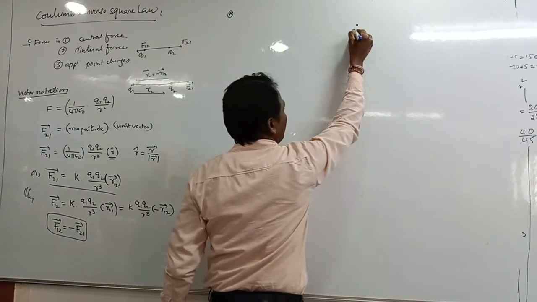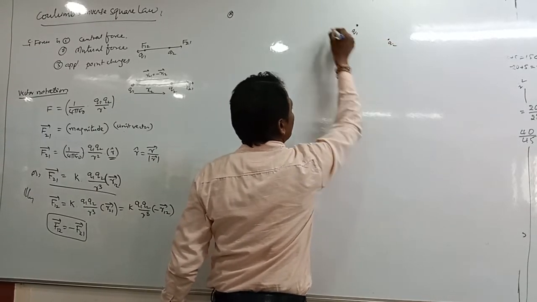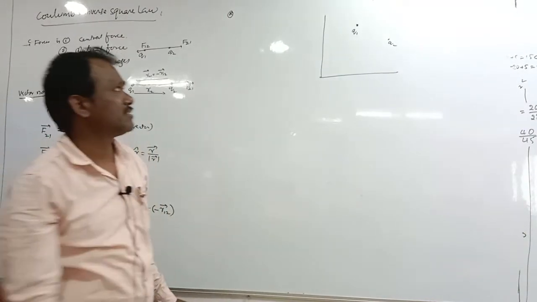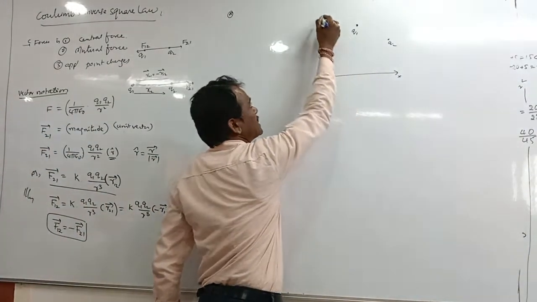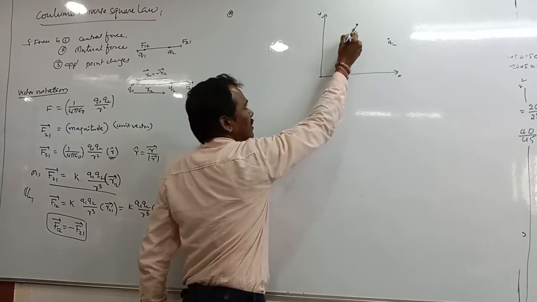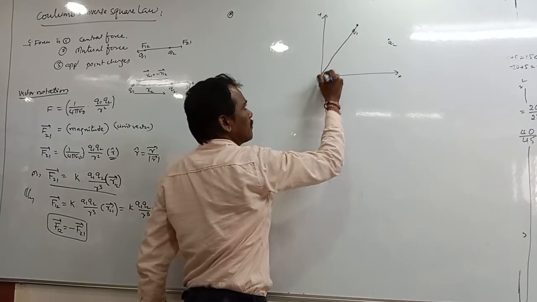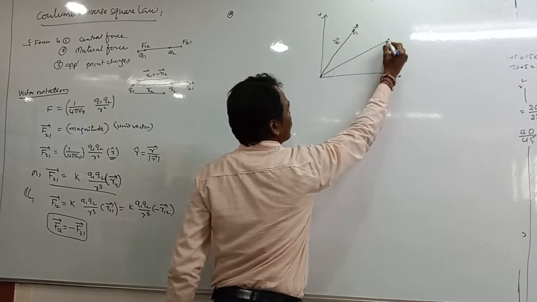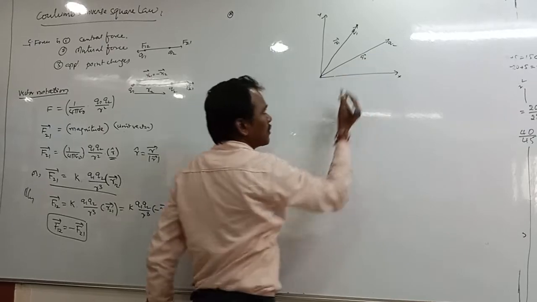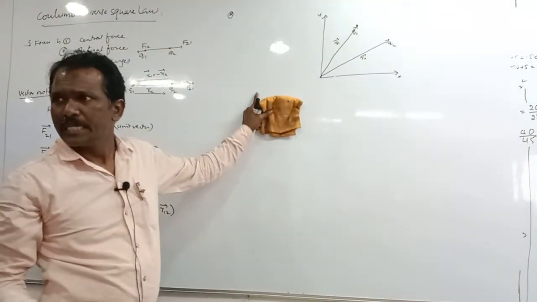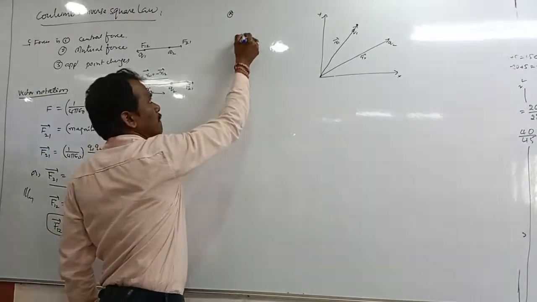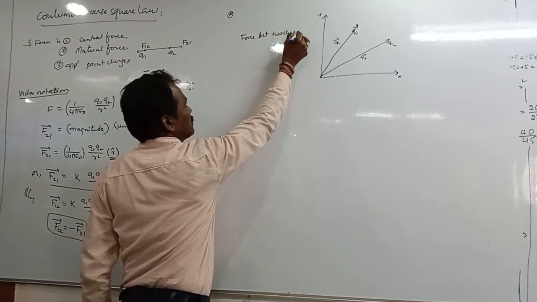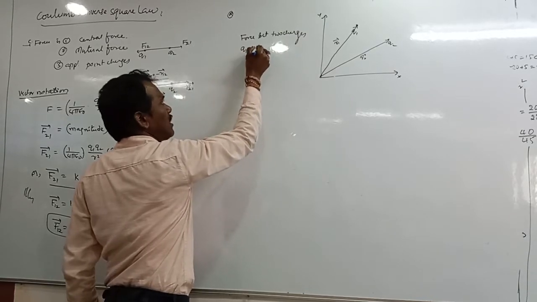Say the charges Q1 and Q2 are there, from a frame of reference, the x-axis and y-axis. Let r1 bar and r2 bar be the position vectors. What is the force between the two charges q1 and q2?